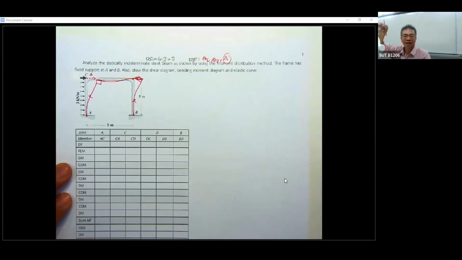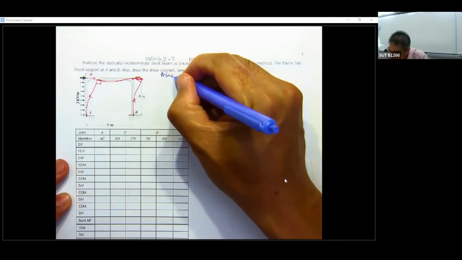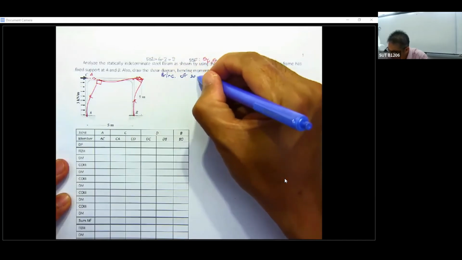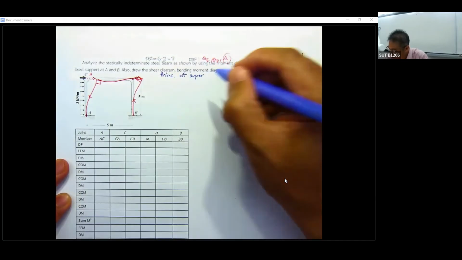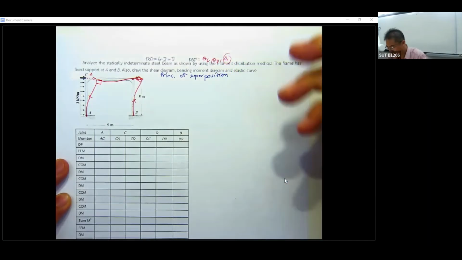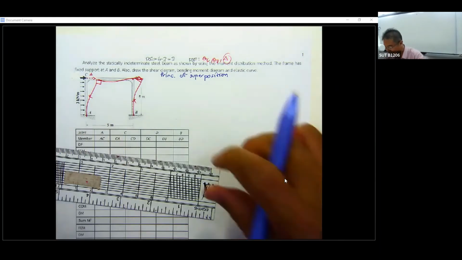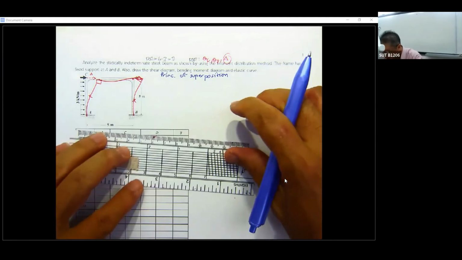Okay. Where should we start? Since the frame has sidesway, you should mention the principle of superposition, because you've got to separate the frame into two frames, one without sidesway, another one going to be sidesway only.